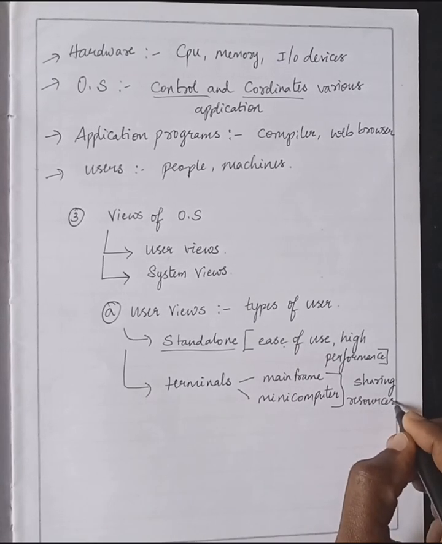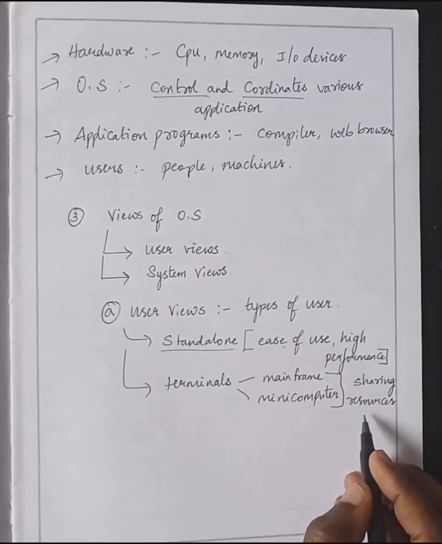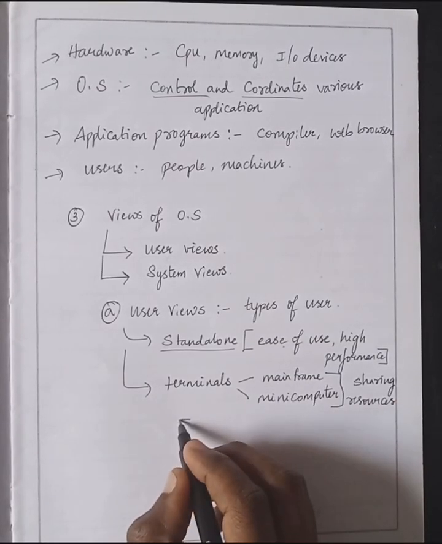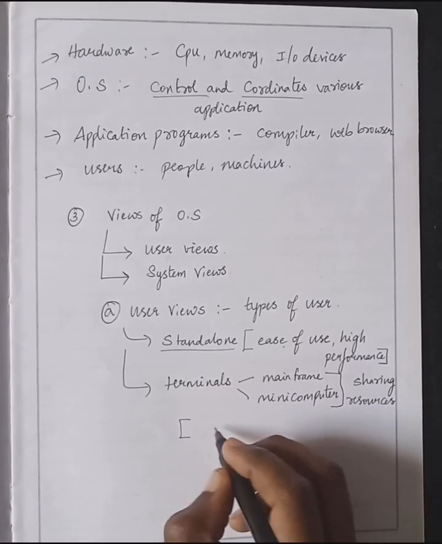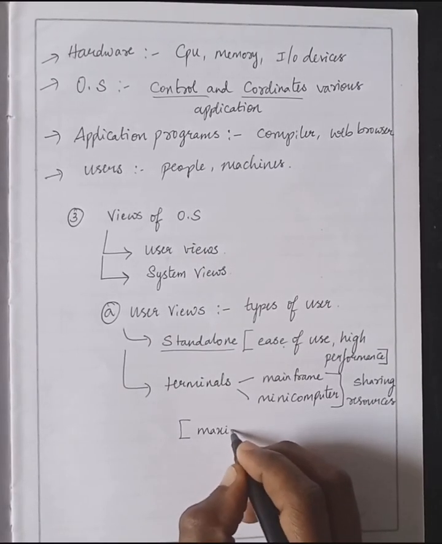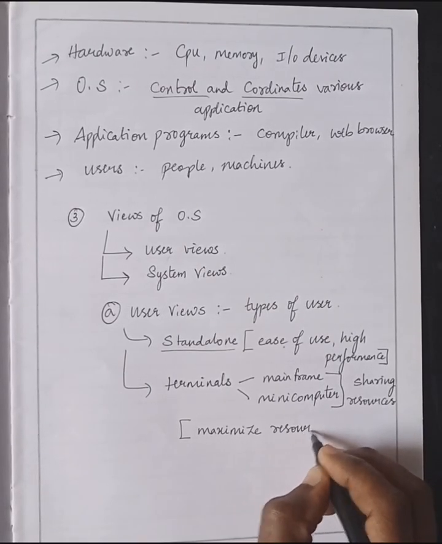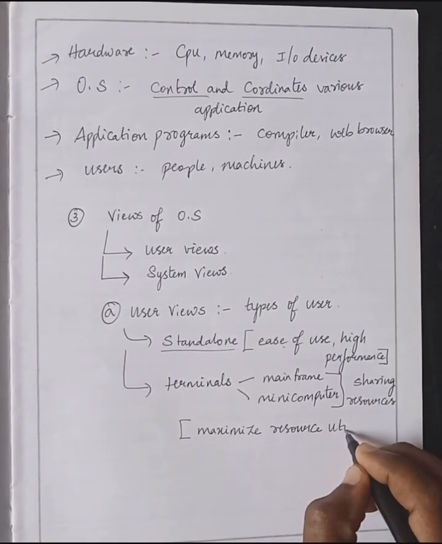The OS should act in a better way to do this work for us, so that with better sharing of resources and information, it will help us maximize resource utilization. The main concept is to maximize resource utilization.